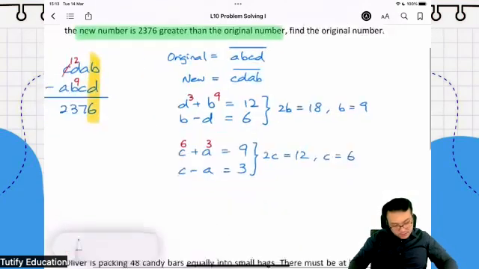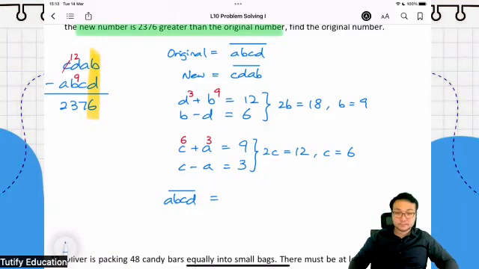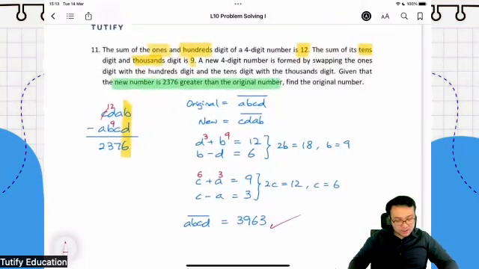Very good. So your A, B, C, D should be 3,963. Correct. Very good, Kevin. Well done.